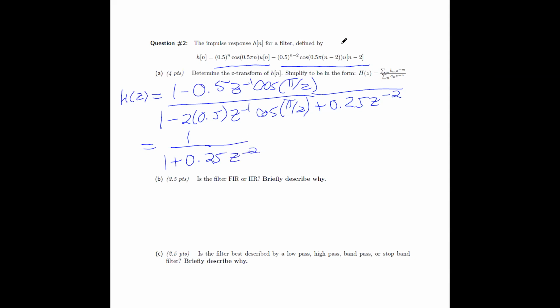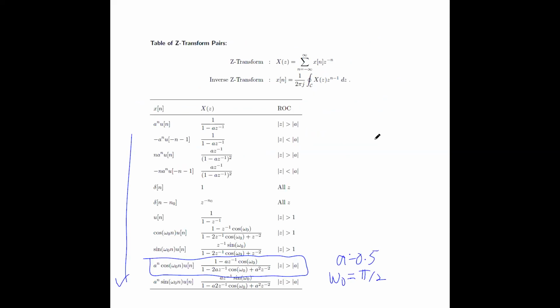Now, the second term is going to be similar to the first term, but it has a time delay of 2. What's going to happen is you're going to get an extra factor of z to the negative 2 in the answer. So you get z to the negative 2 over 1 plus 0.25 z to the negative 2. Let's say you didn't know that, where do you get the time shifting property from?